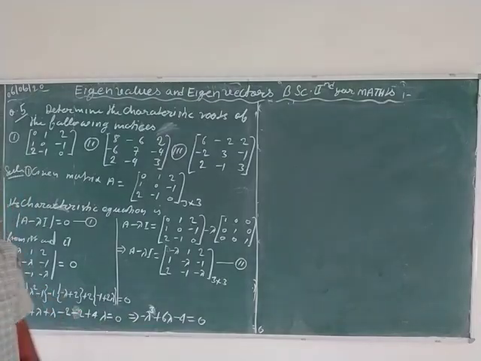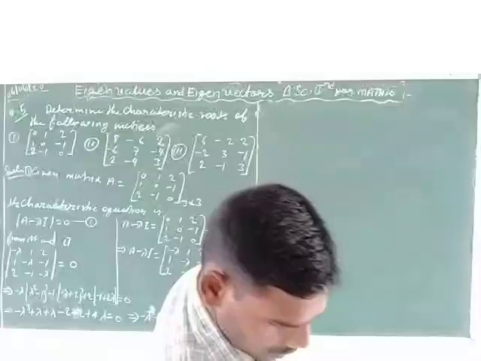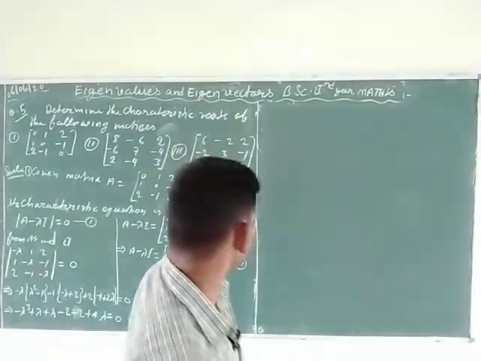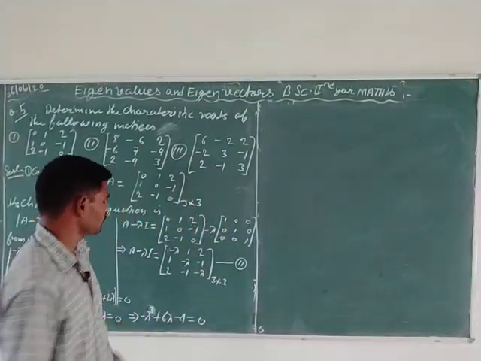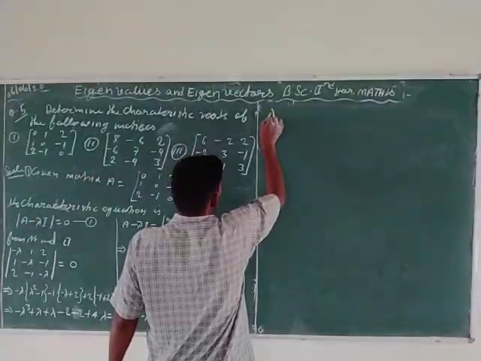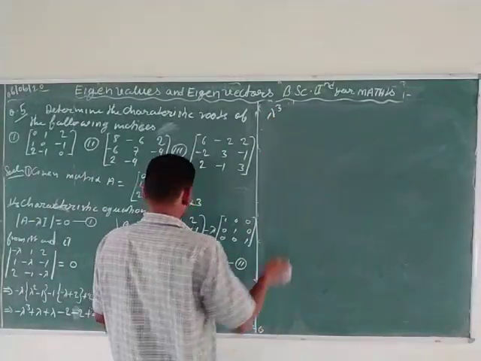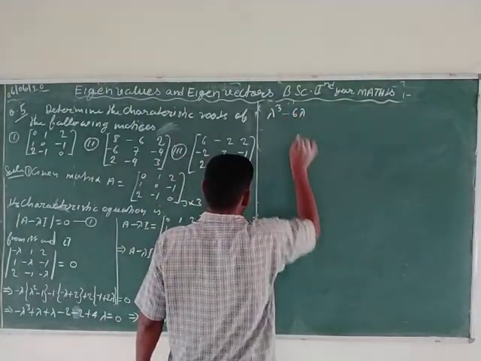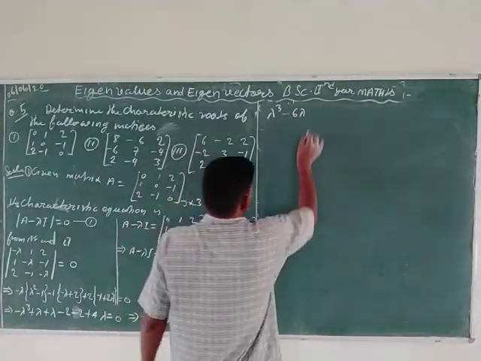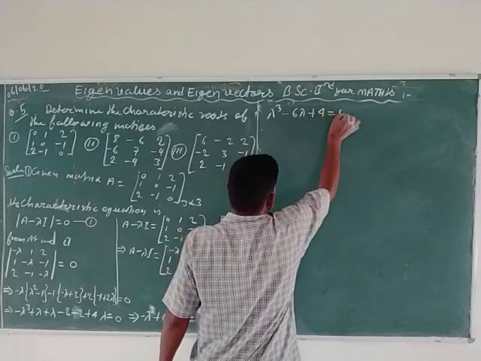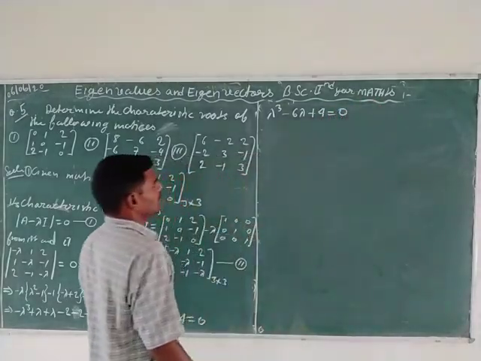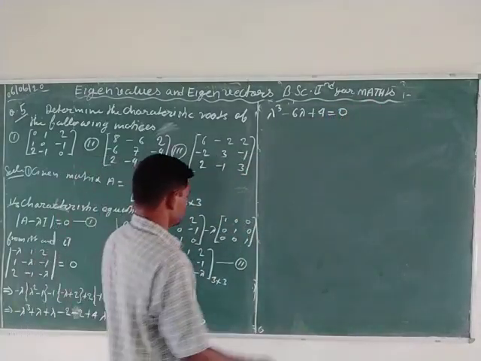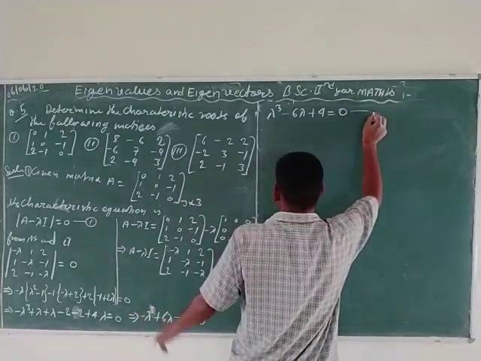Here lambda cube is the highest power of lambda, so first take the negative sign out of this equation: lambda cube minus 6 lambda minus 6 plus 4 is equal to 0. This is represented by equation third.